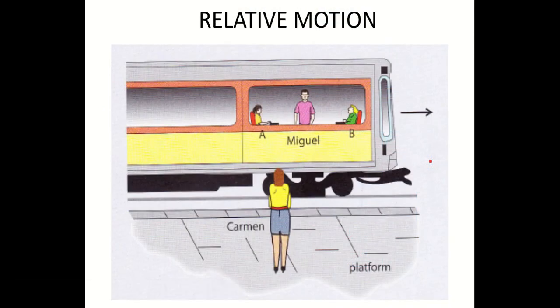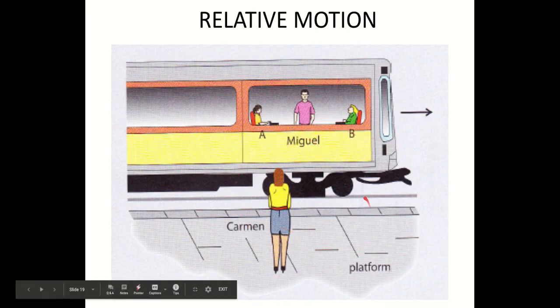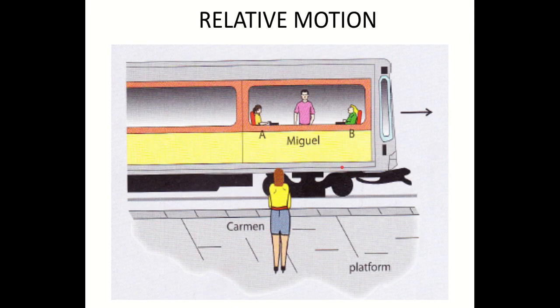Okay, so relative motion. This is what Einstein was talking about. This is the basics of Einstein's theory of relativity. Now, I do love that we're an IB, so I love the names, okay? Kármán and Miguel. But just think about this. You've all experienced this in a car. When the train goes by to the right, Kármán's going to say, hey, Miguel is traveling at some speed to the right. Let's say it's 40 miles per hour. She also would say, hey, passenger A and B are also traveling at 40 miles per hour.